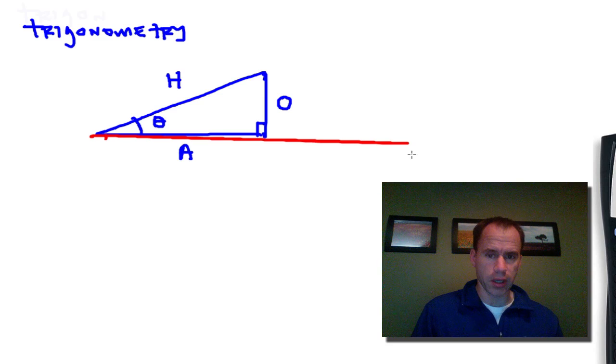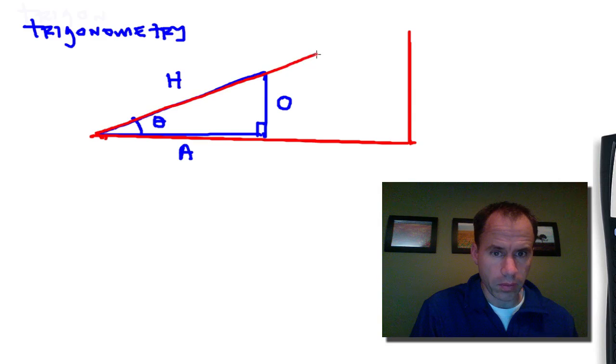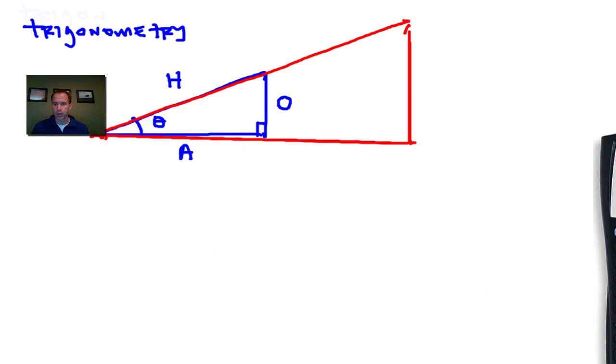Now if I want to make side O, I come in here. Let me draw side O, which probably needs to go up to about there. And then side H is going to connect the two right along that line there. Okay, so there's one side A, another side A, so it's about twice as long.